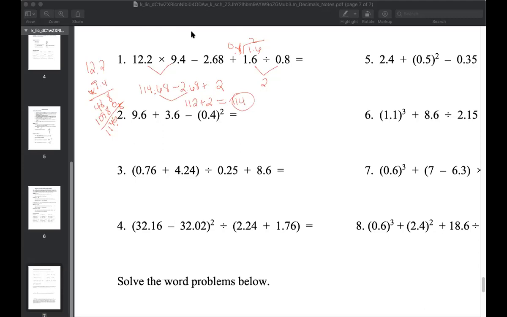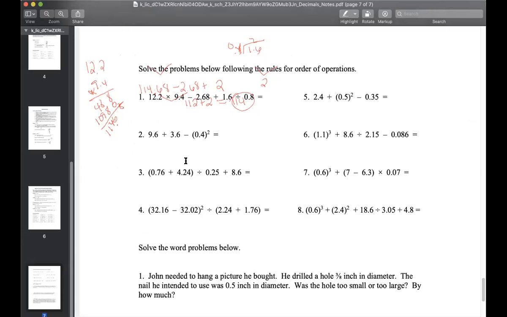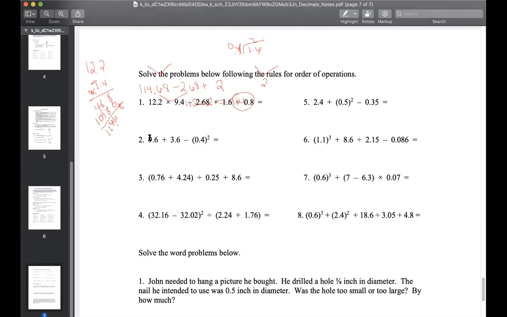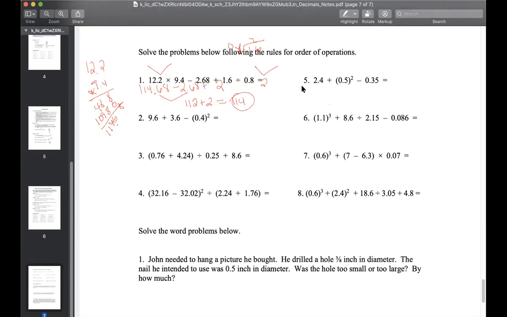Okay. All right, so to wrap up, we're almost done with class. I'm going to assign a problem to each person. I'm not sure if Tashelle is back, but that's okay. We're still going to assign one to her. We're going to assign number 2 to Tashelle.